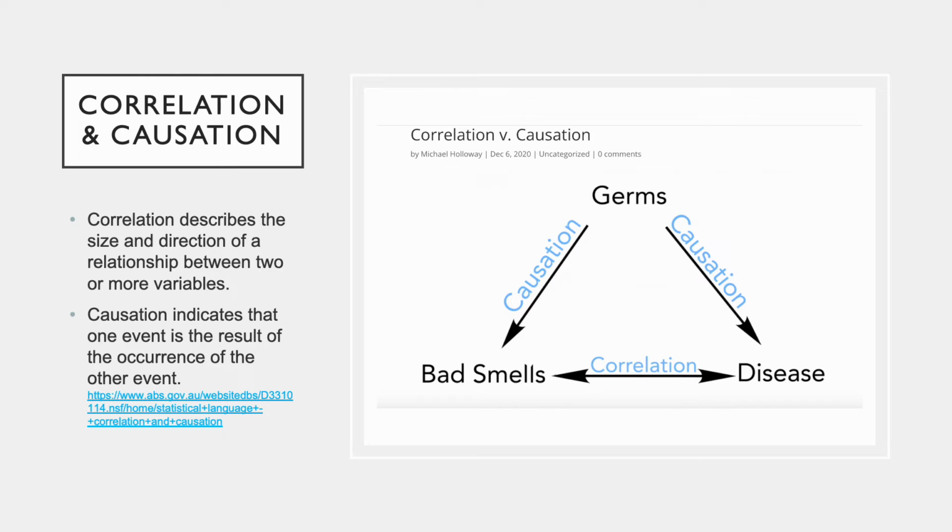Well, it was the germs that caused the bad smells and the germs that caused the disease. But when there was the bad smell, there was sometimes disease. So, correlation does not always equal causation.